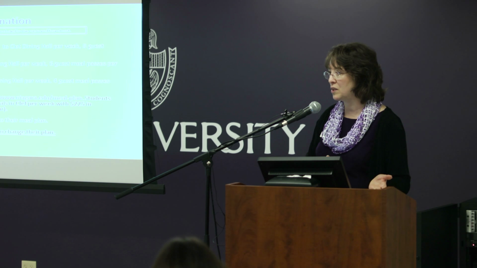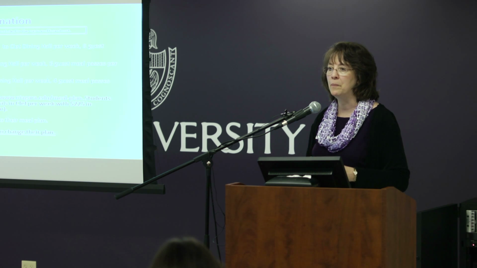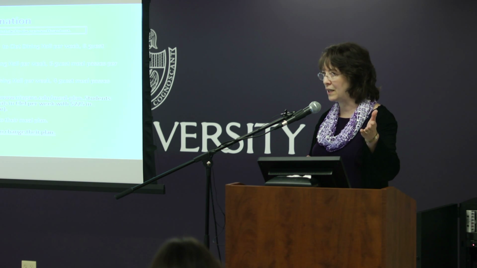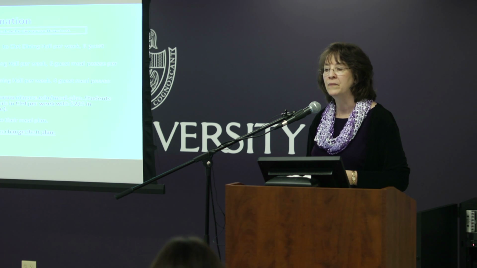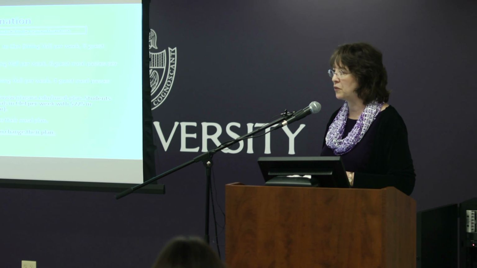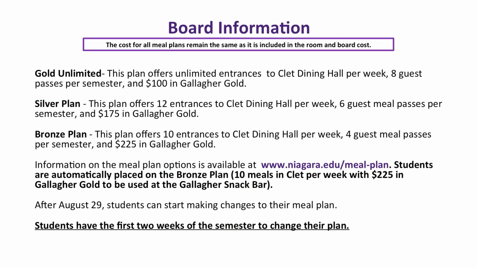If they don't get up early and they stay up late, then they may want fewer meals over in Clay Dining Hall and more here in the Gallagher Center that stays open later. It's just a matter of what works best for them. So August 29th, they can make changes, and for the first 2 weeks of school, they can make changes, just to figure out what works best for them. And they can change it again next semester if they don't like it.